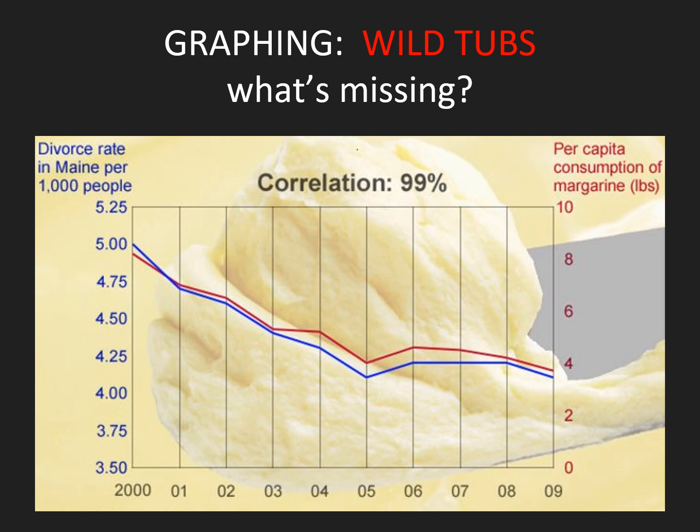Always first thing, there's not a title. We have lots of variables going on. We've got divorce rate and per capita consumption of margarine, and it seems to be over, I guess these probably mean years.